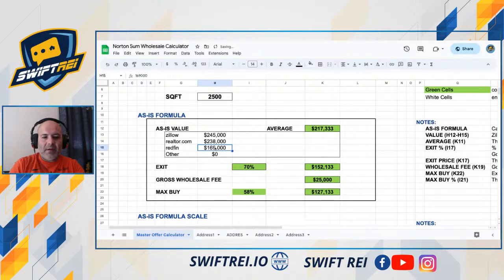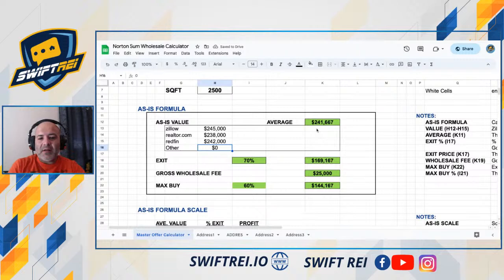And then let's say on Redfin, it's 242. All right. So now we're looking at some very different numbers, right? So this is telling me now on this particular property that the average value is 241,667. Now I'm going to look at that and say this property is valued at 242,000. I'm just going to round it up.